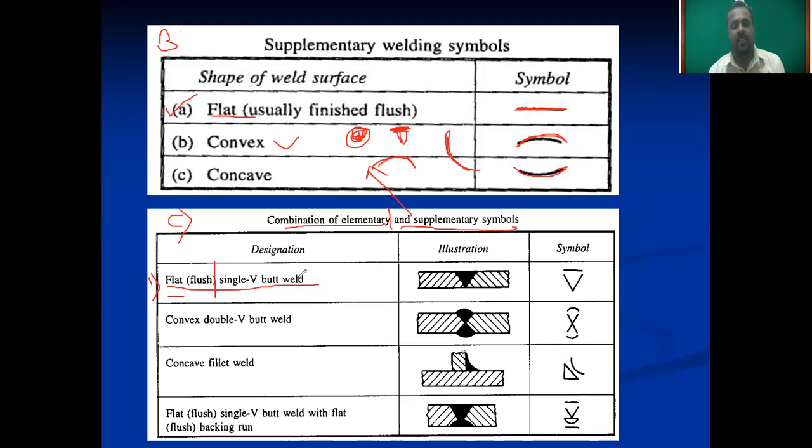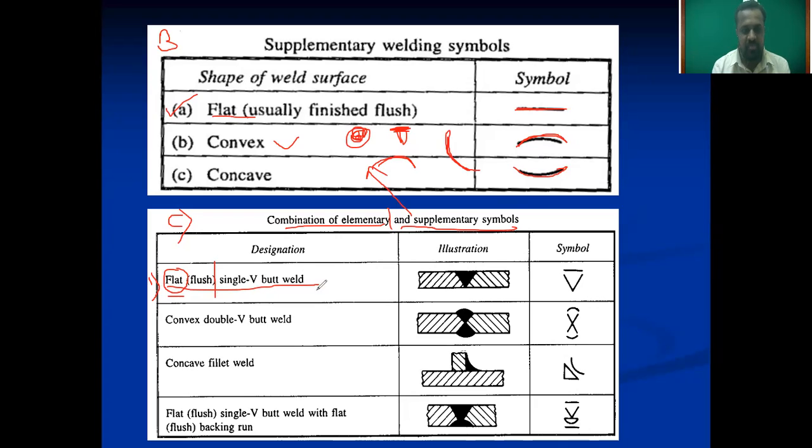This flat is nothing but our supplementary symbol, and the meaning of flat is that whatever welding we have to do, that V butt weld, the surface of that single V butt weld is flat like this.